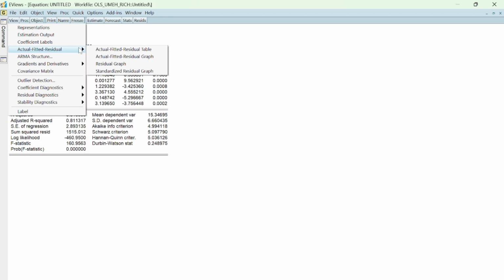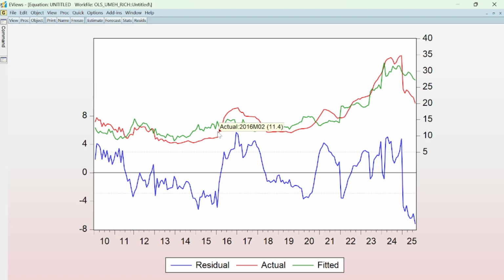So you go to the actual fitted residual graph. You look at it, and we can see that there's an issue here with the movement of our residual, how the actual and fitted data are.